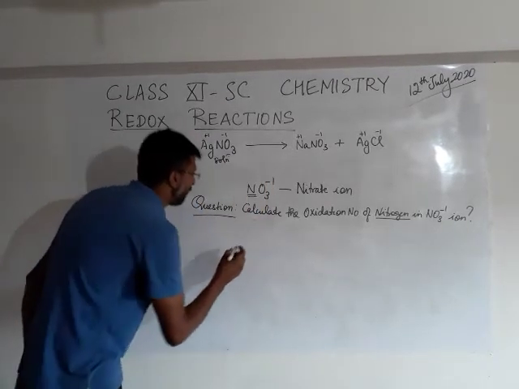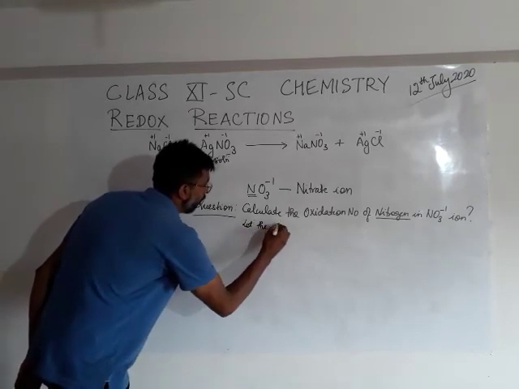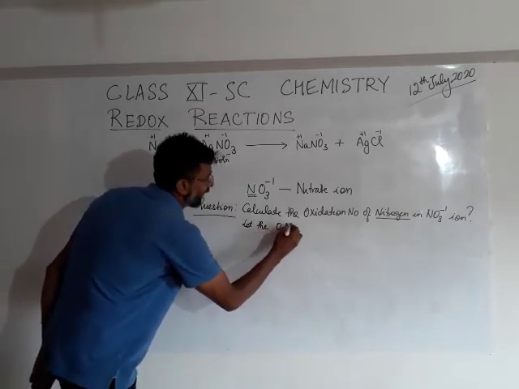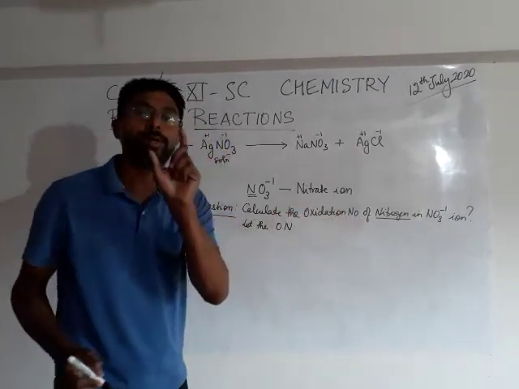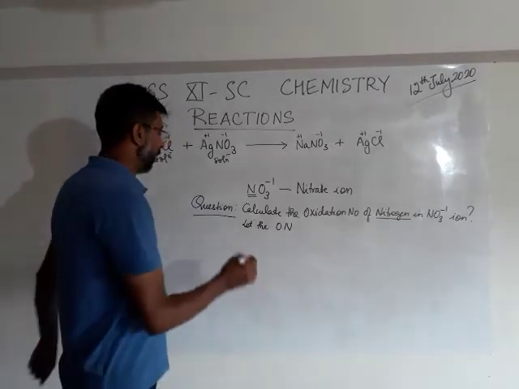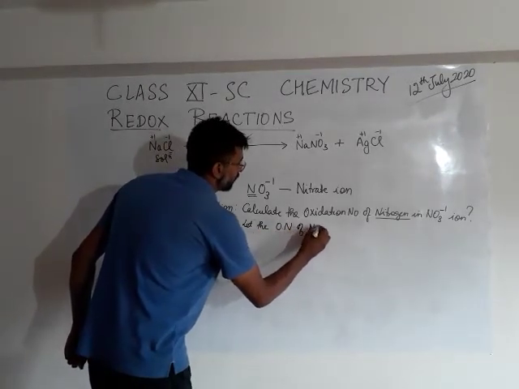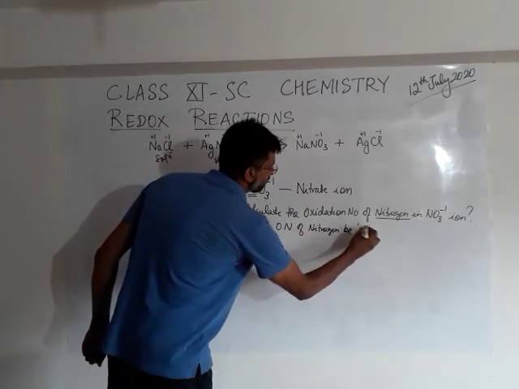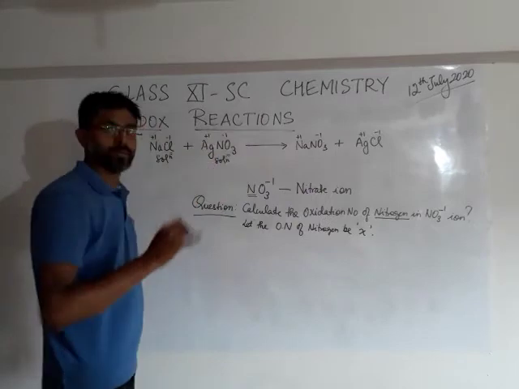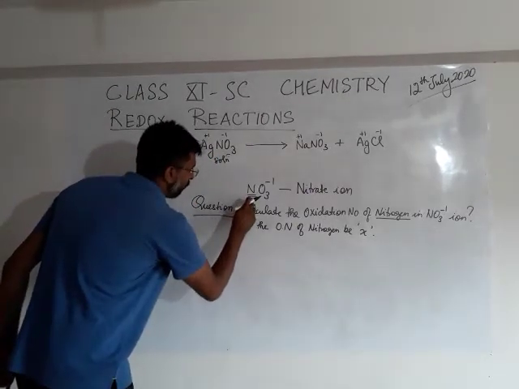So I will solve in this manner. Let the oxidation number, I will not write the entire word, I will write capital O dot capital N, let the oxidation number of nitrogen be X mathematically. Now look at the formula.